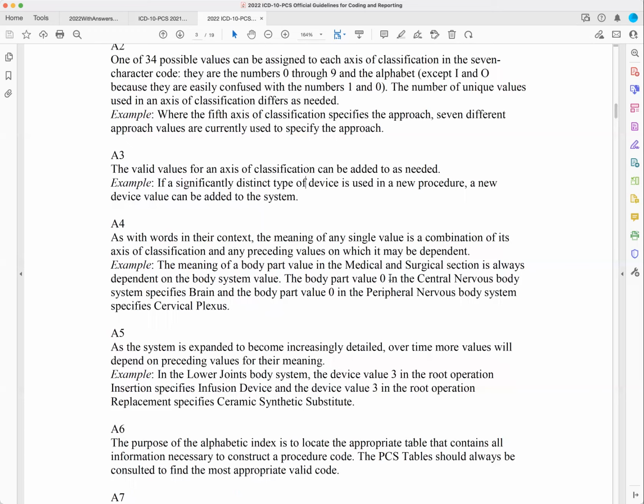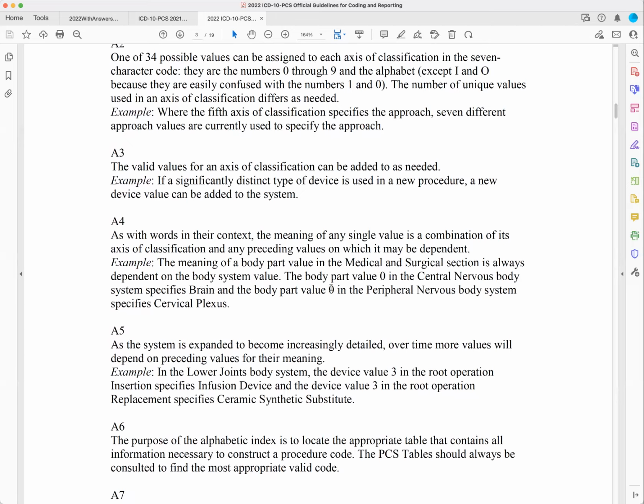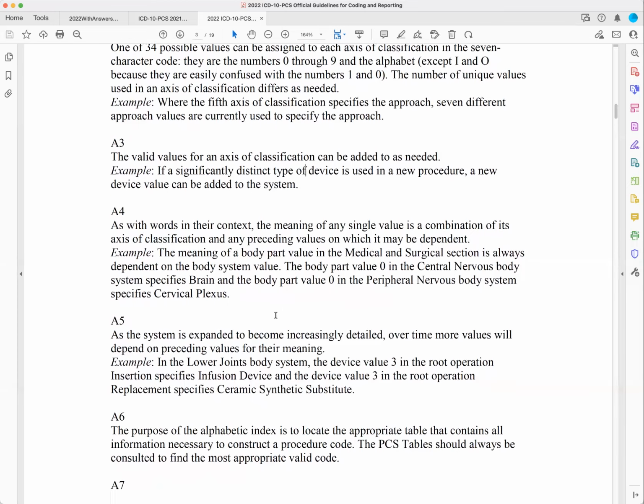The body part value 0 in the central nervous body system specifies brain, and the body part value 0 in the peripheral nervous body system specifies cervical plexus. So what that means is a 0 isn't just a 0. It doesn't mean the same thing throughout. It depends on where you're at within the code set. So that body part value 0 means one thing in one body system and something else in another body system. So you have to take a look at everything together to know where you're at.